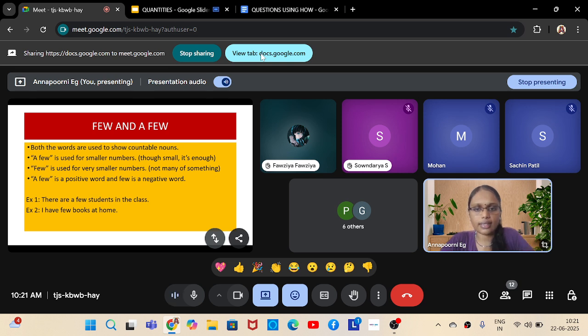The only thing that I want to tell you all is that since this is a spoken English class, I will not be using much Tamil. I understand that many of you might find it difficult in the initial stage to understand English, but still try to attend the class regularly, because I'm not using any complex English or any Oxford English. I'm just using normal communicative English.